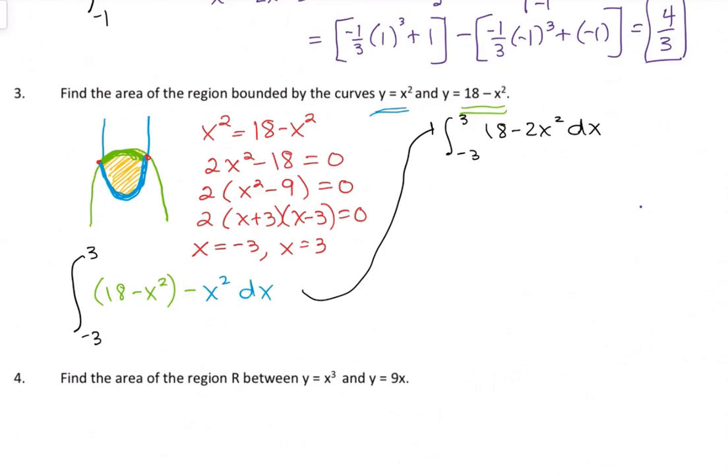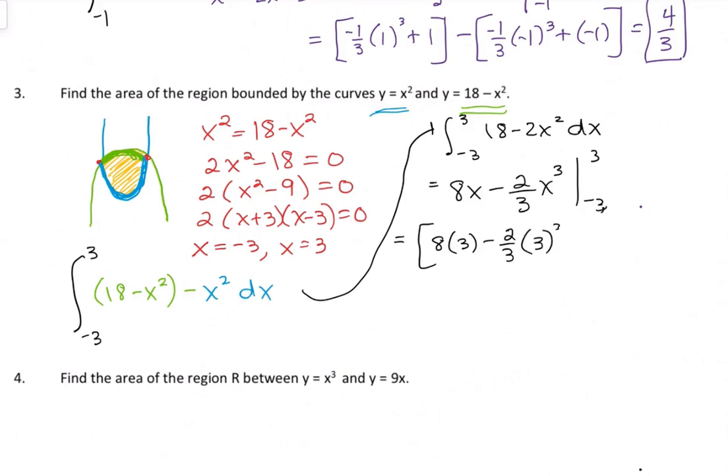So if I integrate that, I'm going to get 18x minus 2x cubed over 3, coefficient over exponent plus 1. And I want to evaluate that from -3 to 3. So plugging in the 3 first, everywhere I see an x, and I want to subtract from that.